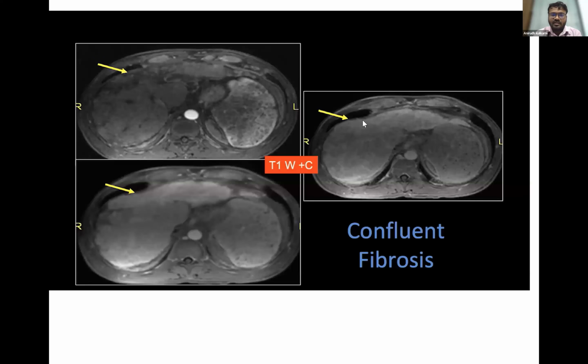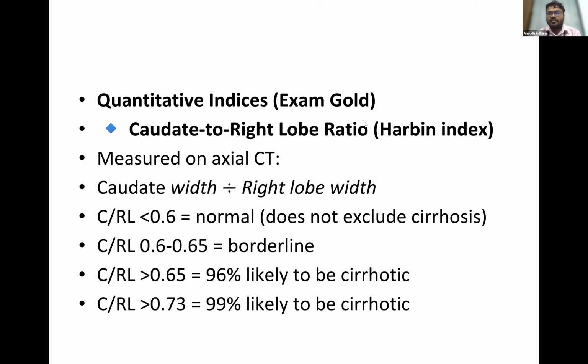This is the image showing the hepatic fibrosis, which is one of the criteria for liver cirrhosis. One of the first ways to tell is the caudate to right lobe ratio. If it is 0.6 to 0.65, borderline; more than 0.65, 96% likely to be cirrhotic; more than 0.73, 99% likely to be cirrhotic.